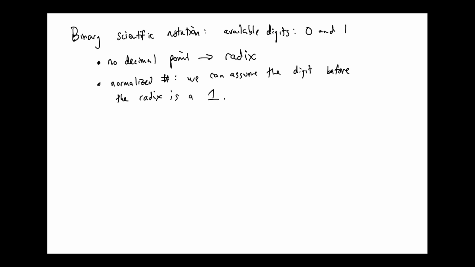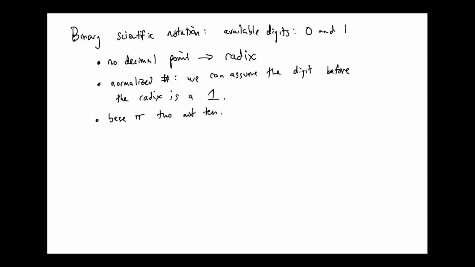I don't need to because it's assumed to be there. Okay, that's kind of handy because we get a little bit for free here. The other thing that's different, of course, is that the base is 2, not 10, right? Because we're doing things in binary, not base 10.